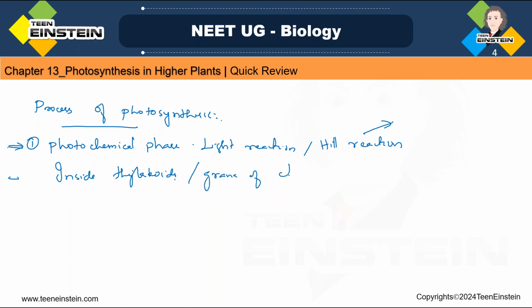Okay, and here the function of this phase, what is the main role of this phase, that is producing assimilatory powers, that means production of ATP, NADPH. So production of all these assimilatory powers is the main function of this phase, photochemical phase.